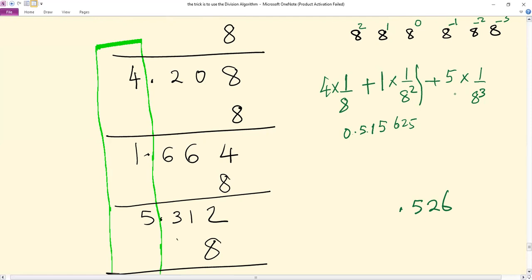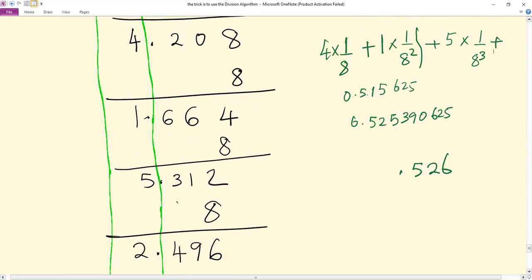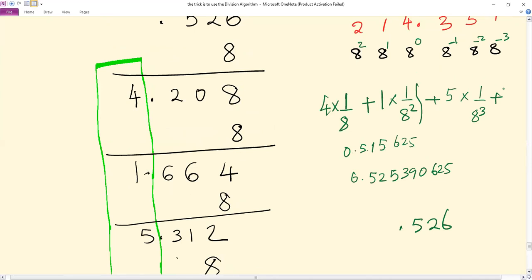When you add 5 times 1 over 8 raised to power 3, up to this point you get 0.525390625. You see, when you round off this number to 3 decimal places, it will not give you 0.526. So you go to the next one. The next digit is 2, and its position will be 2 times 1 over 8 raised to power 4.